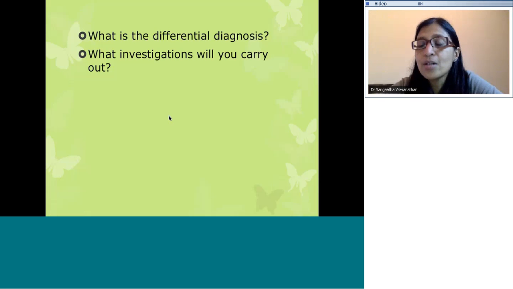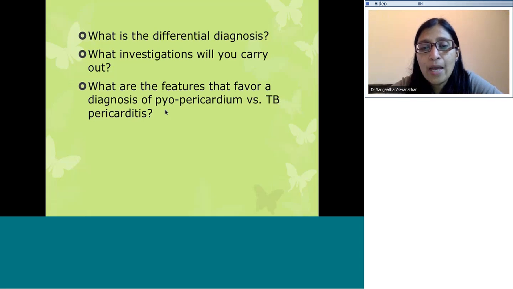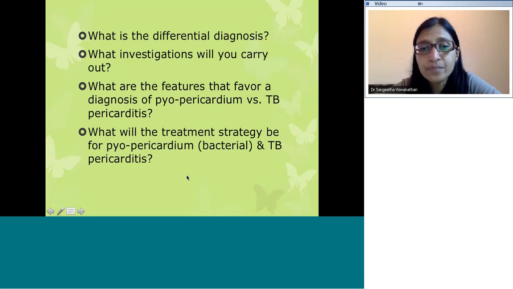But this is an infectious process in the pericardium. Because of the nature of the pericardial collection, it is most likely to be a bacterial pyopericardium, as opposed to a tuberculous pericardial collection.